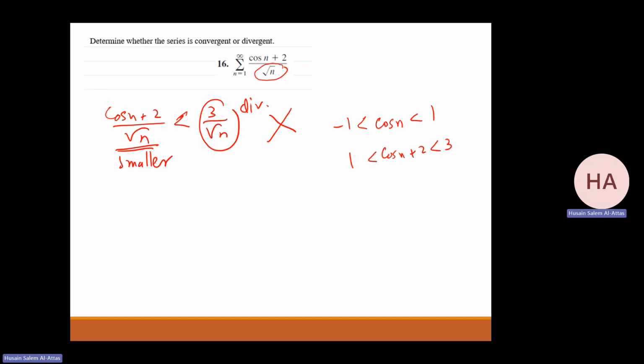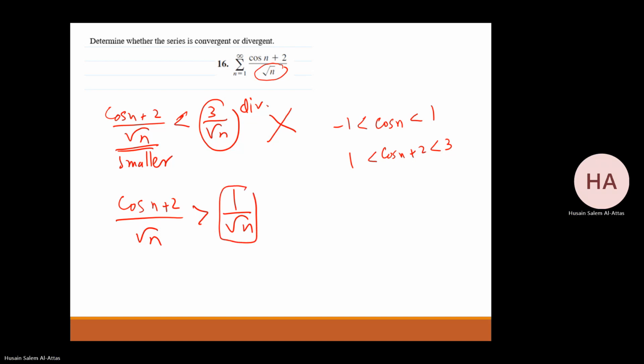We get no information. However, if I do the other way, cosine n plus 2 over square root of n is greater than 1 over square root of n. There is the difference. I know this series diverges. Why?